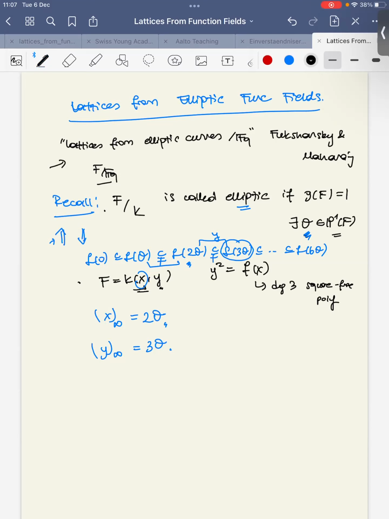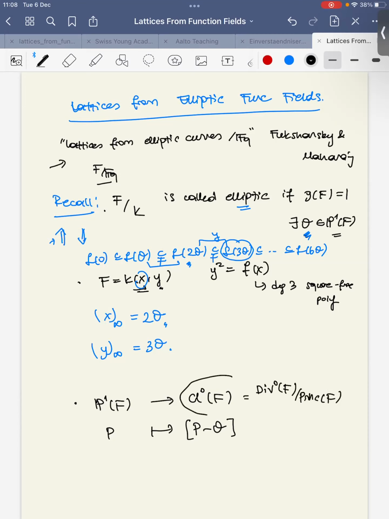Another important property we studied: the set of rational places is in one-to-one correspondence with the class zero group. Indeed, this bijection is given by mapping the rational place P to the class of P minus O. And thanks to this bijection, we were able to transfer the group structure of the class zero group to the set of rational places.